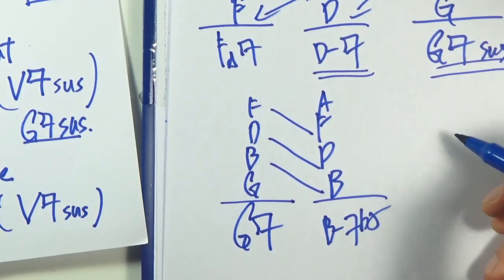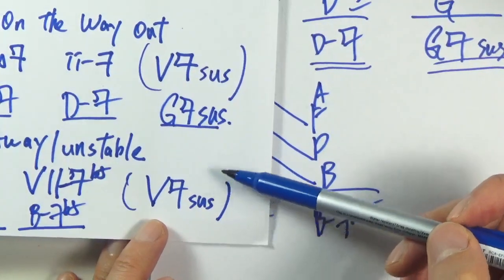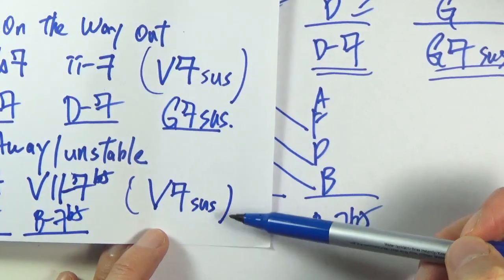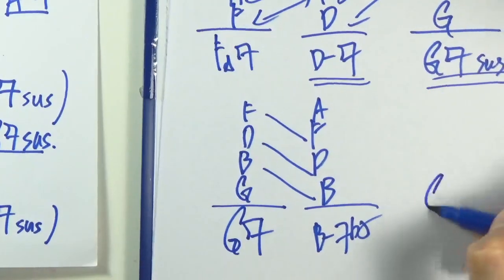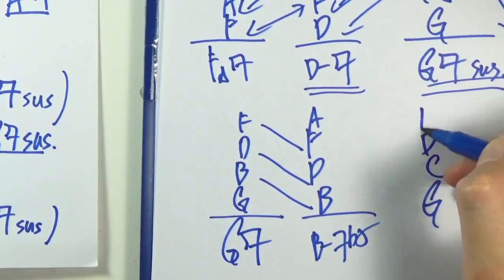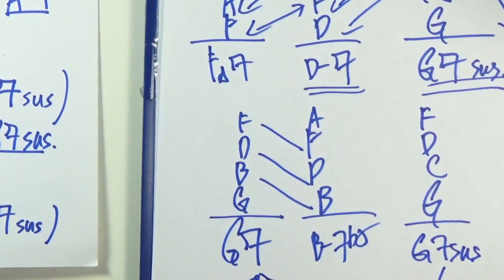And we can actually also put G7 sus in this group as well. So this specific chord can be included in both the subdominant group and the dominant group, okay? So say G, C, D, F. So obviously G7 sus would share a lot of common tones with G7.